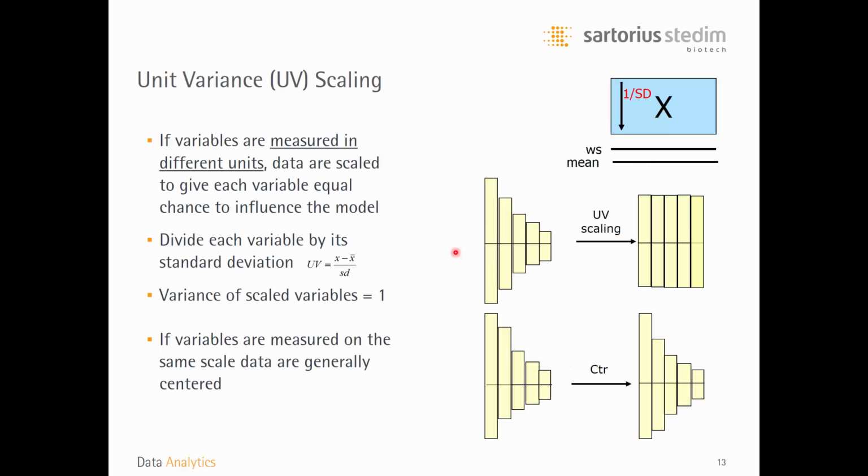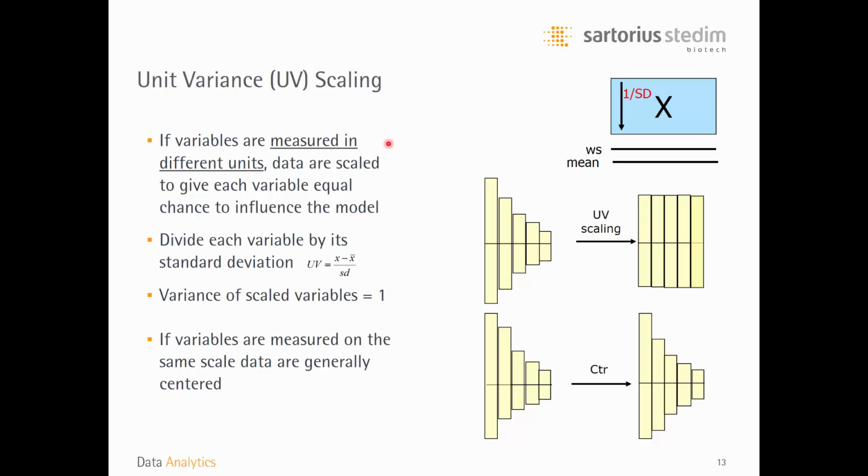So then unit variance scaling, what is it, how do we accomplish it, and what effect does it have on the data? First of all, the basic condition for considering or finding UV scaling relevant is that variables are different in nature.